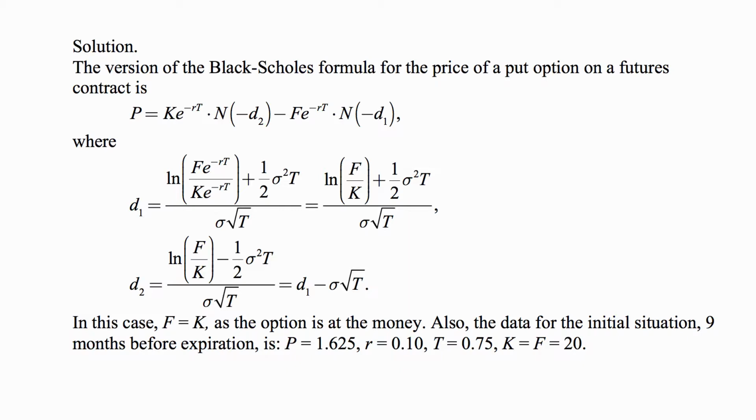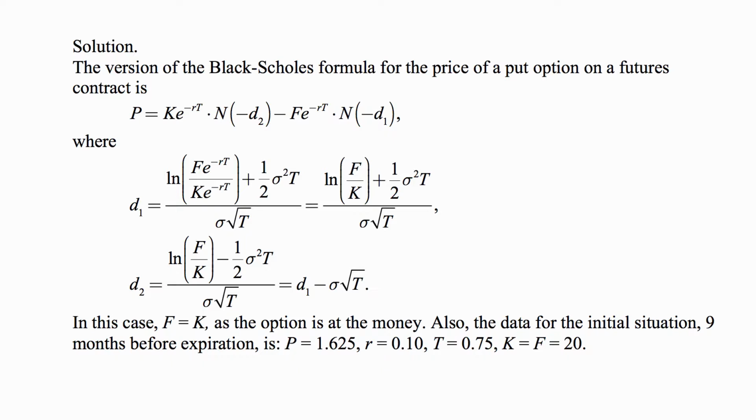You would normally have S times e to the minus delta t, where delta is the continuously compounded dividend yield. So this F e to the minus rt replaces that, times N of minus d1.